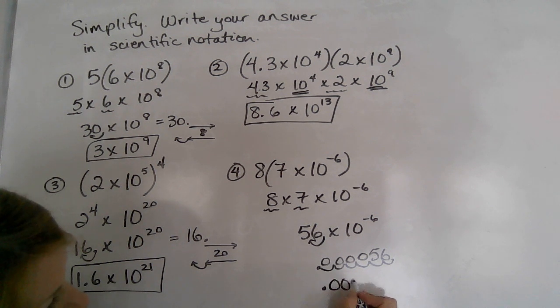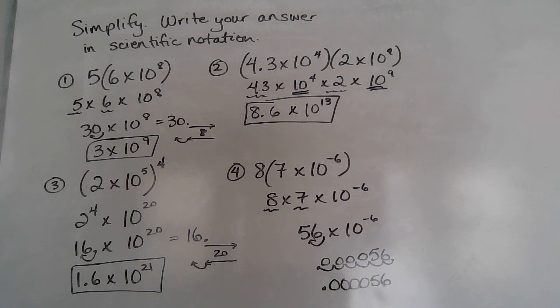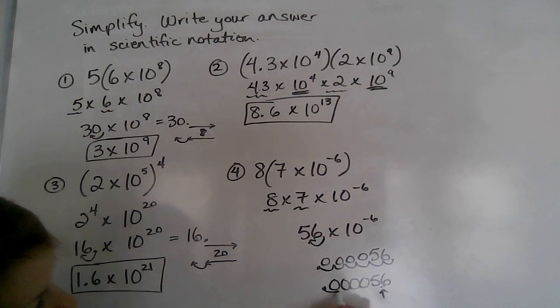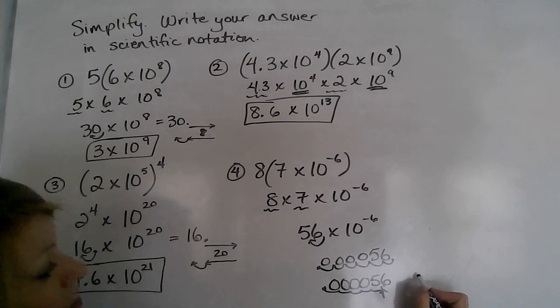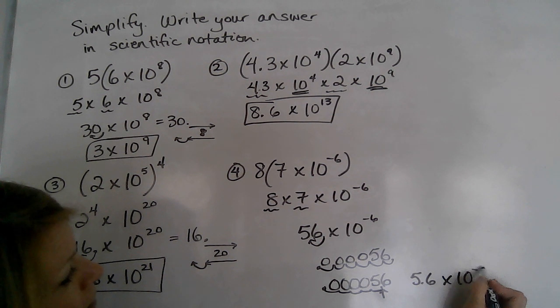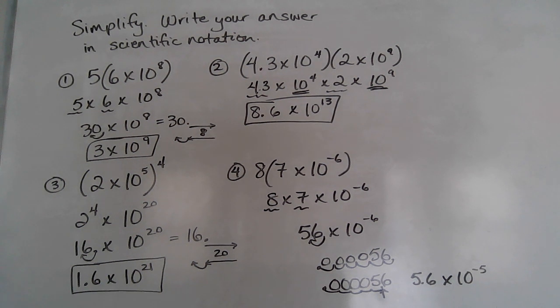That gives us 4 zeros followed by 56. To put this into scientific notation, we're going to move the decimal right there. So it is being moved 1, 2, 3, 4, 5 spaces, giving us 5.6 times 10 to the -5. It's negative because we have a very small number in standard form.